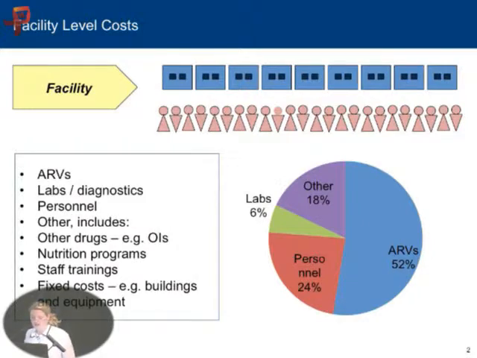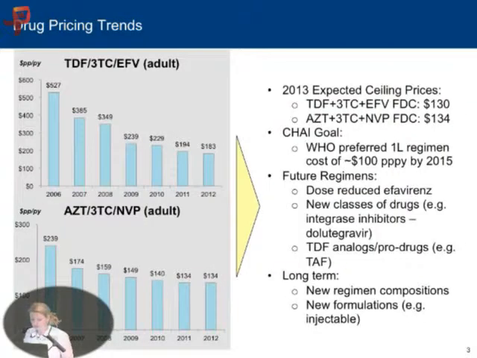The categories included here were ARVs, labs and diagnostics, personnel, and the other category, which includes OI drugs, nutrition programs, staff trainings, and the fixed costs tied to the buildings and equipment. As you can see from the pie chart on the right, the vast majority of the costs of providing care at the facility level can actually be attributed to the price of ARVs themselves.